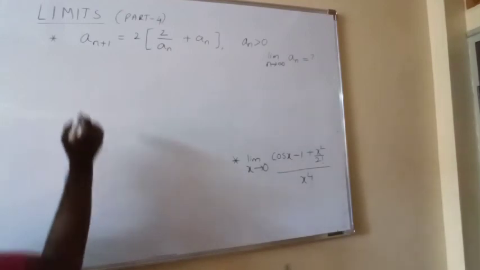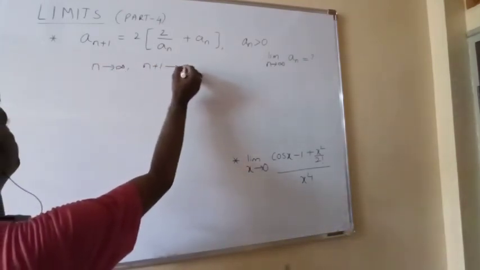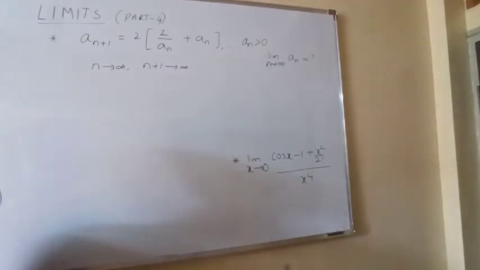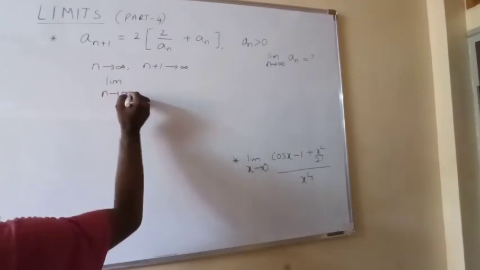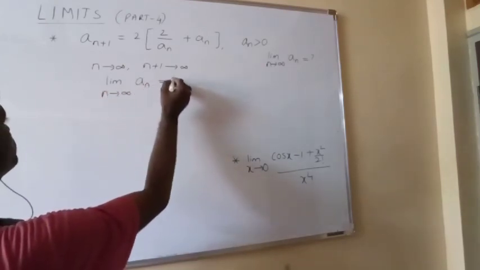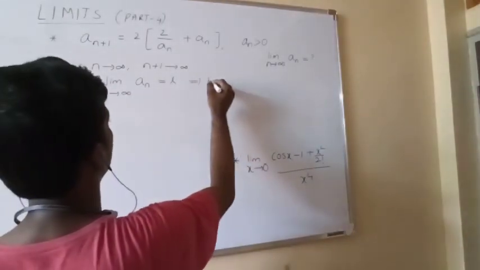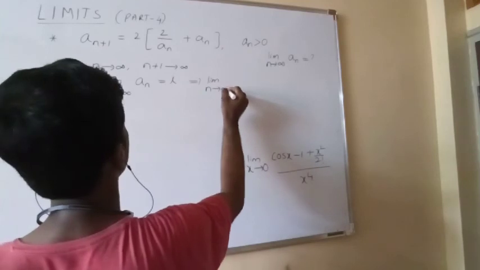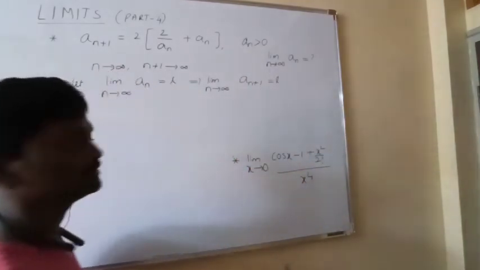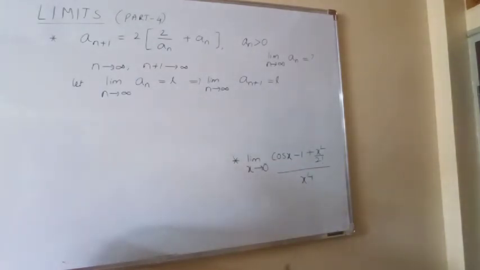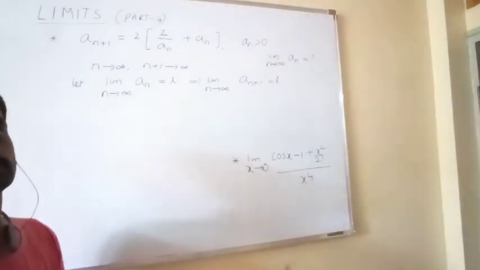Okay, so listen, whenever n tends to infinity, n plus 1 is also tending to infinity only, correct? Suppose I assume limit n tends to infinity a n is equal to L, then automatically limit n tends to infinity a suffix n plus 1 will also be L only, no? Here infinite terms, here also infinite terms.